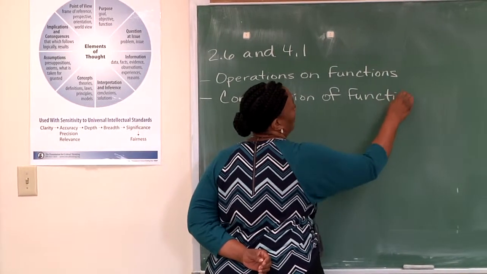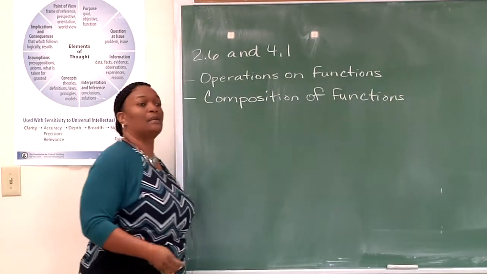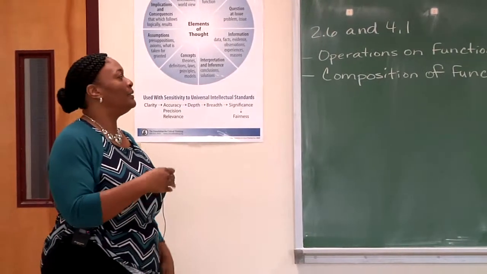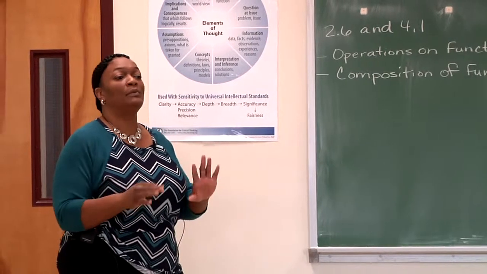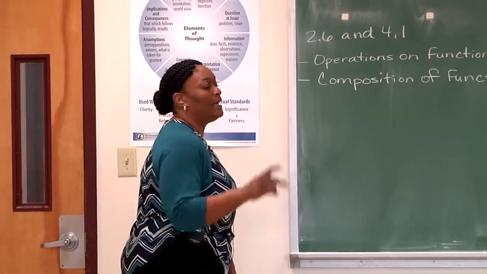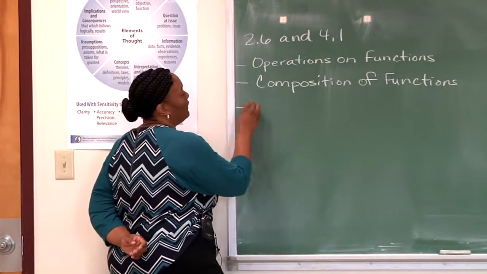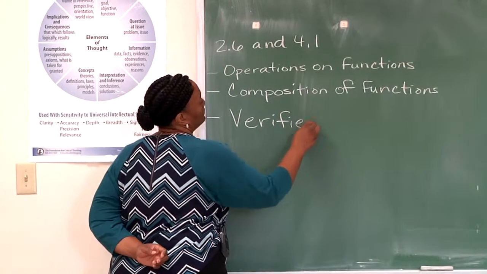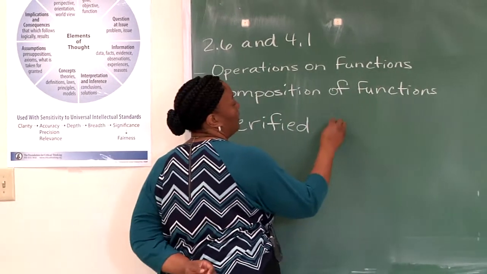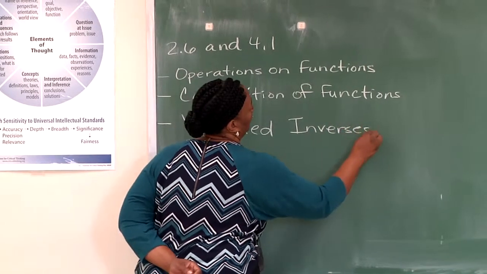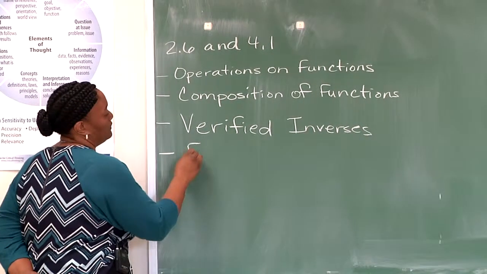You know how we substituted one function into another function, and then we found a result from that. And then we also evaluated some of those functions as we went along. The last couple things that we did: one thing was we verified inverses. This is from section 4.1. And we found the inverses.